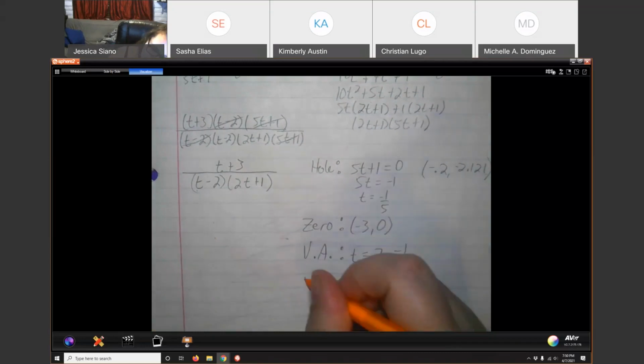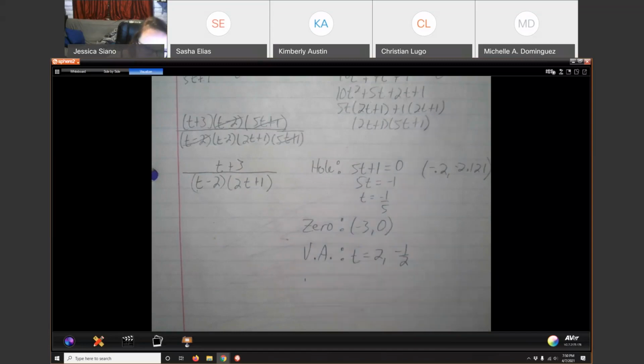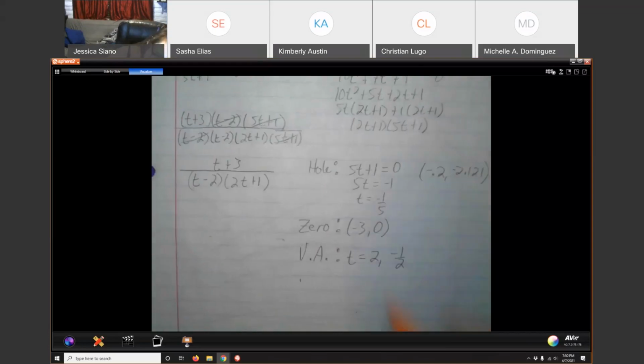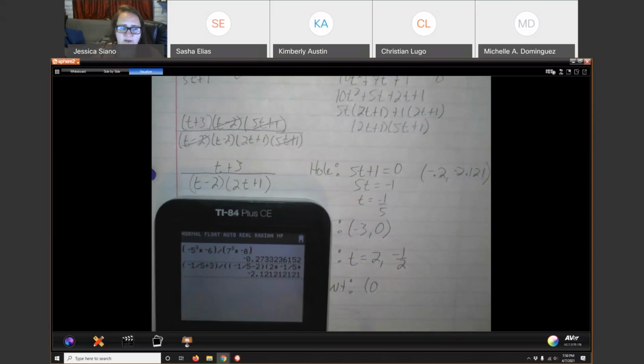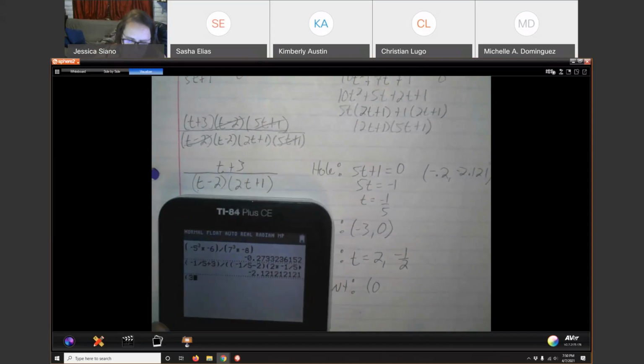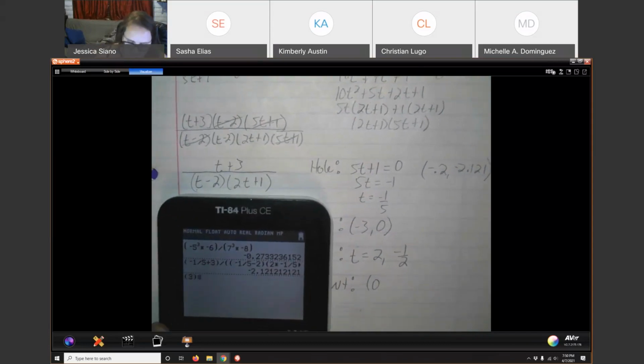And then what letter was this? F of t. My f of t, or y-intercept, would be where t equals 0. So if I plug a 0 in for t, I would have just a 3 in the numerator and negative 2, I guess just a 1 on that side, huh? So negative 1.5.